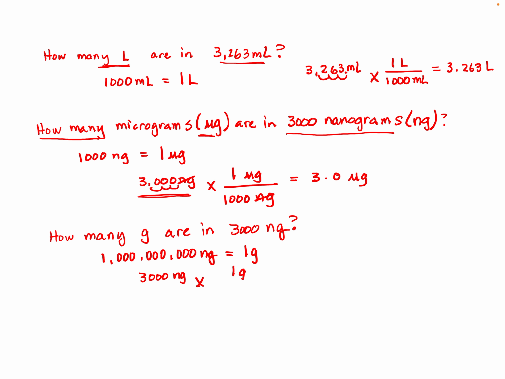So 1 gram on top and all of those nanograms on the bottom. All right, that's a lot of places to walk back. We have 9 zeros, right? So 1, 2, 3, 4, 5, 6, 7, 8, 9. That's where we need to put our decimal place.